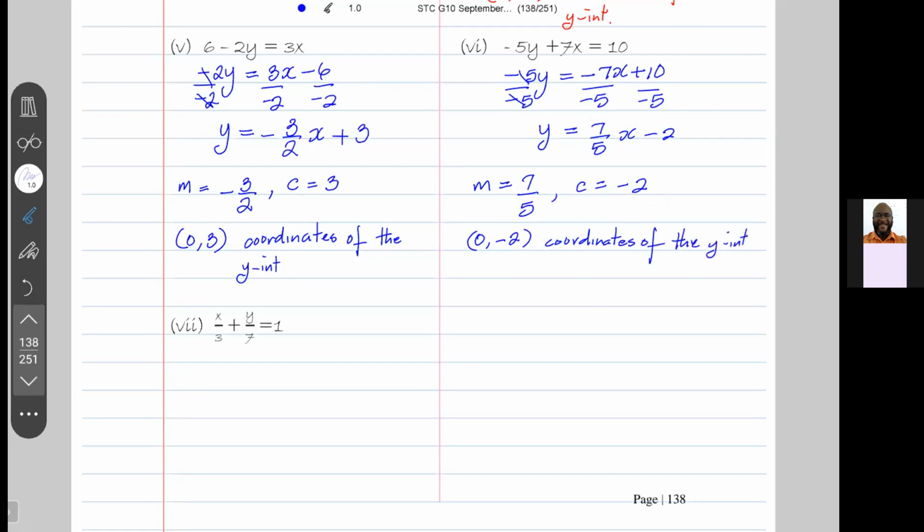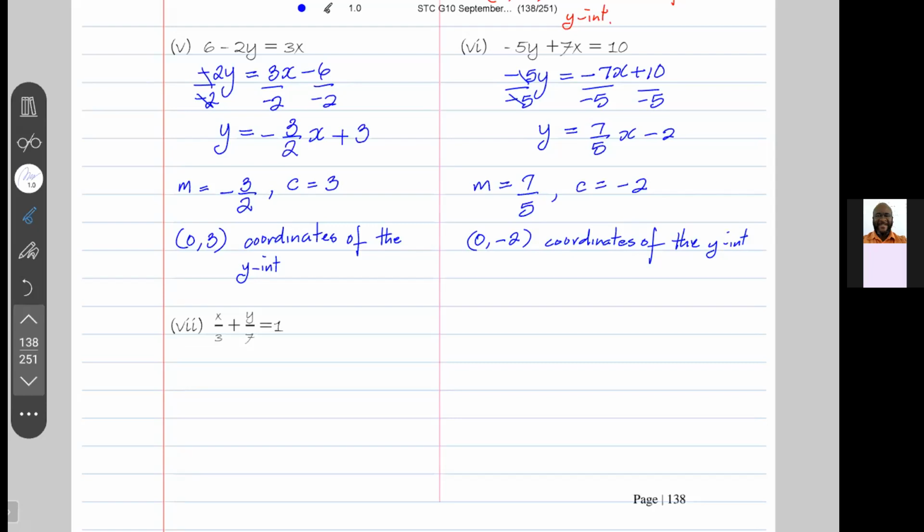Guys, we need to be able to manipulate a linear equation to get it in the form y is equal to mx plus c, and from that form be able to say what the gradient is, the y-intercept, and the coordinates of the y-intercept.